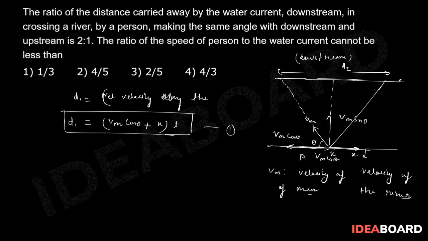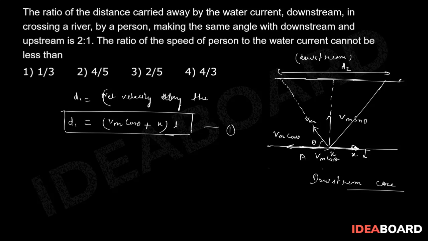So clearly I'm assuming that x is greater than Vm cos theta in this upstream case.